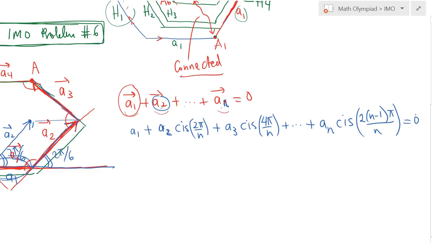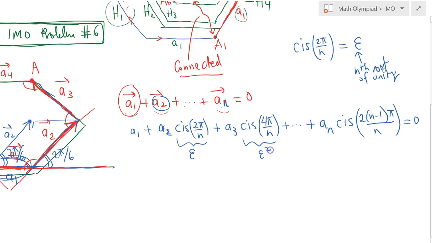And this is exactly what I will be working on. Obviously, in terms of the notation, you can come up with the following shorthand notation. cis 2 pi over n is simply the nth root of unity. And let's assume without loss of generality that the nth root of unity is epsilon. So therefore, an alternative way to write this is epsilon squared.